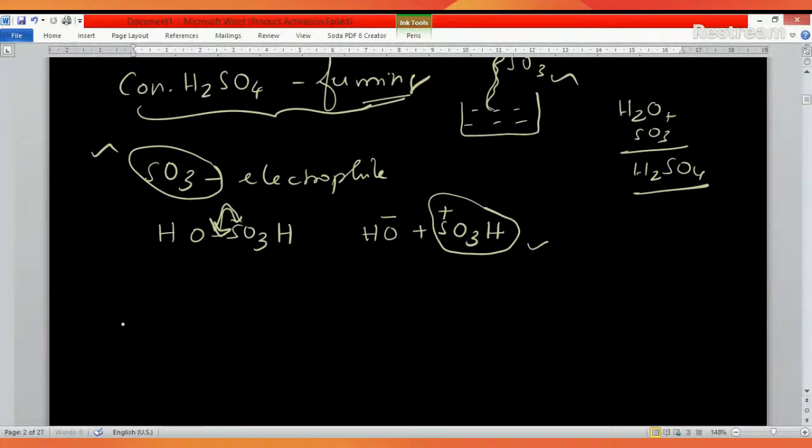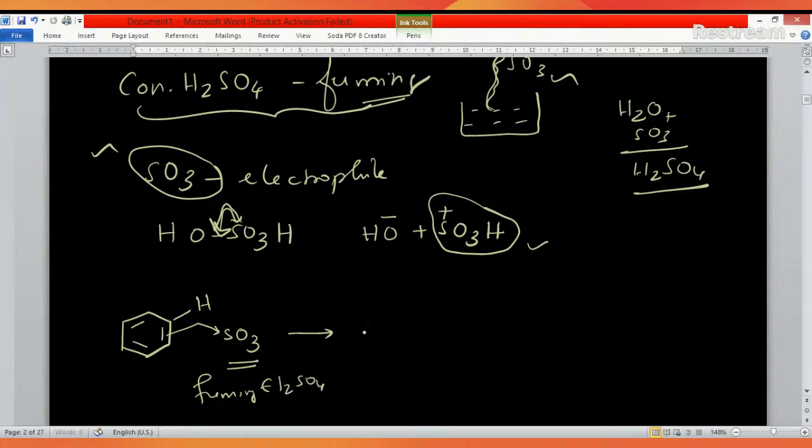Directly, I will write the mechanism. You just take a benzene ring. As usual, one of the hydrogens is drawn outside. Now SO3, which comes from fuming sulfuric acid, H2SO4, highly concentrated, is getting electrons from this benzene ring.